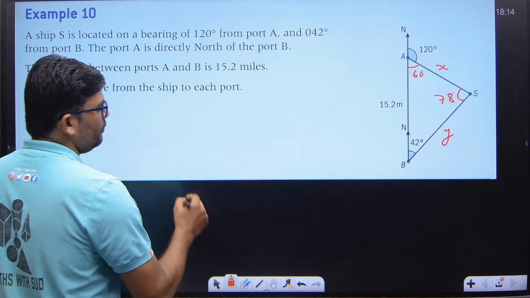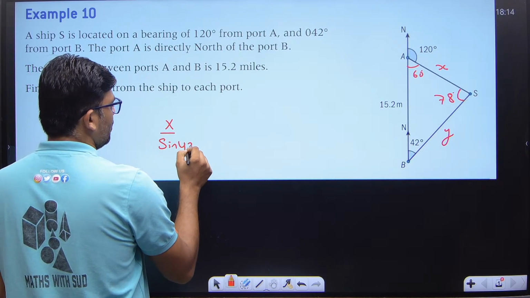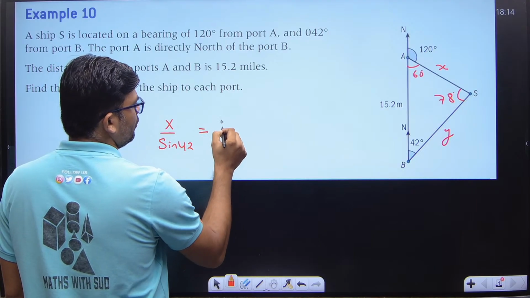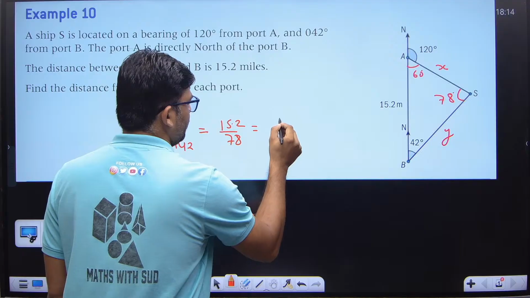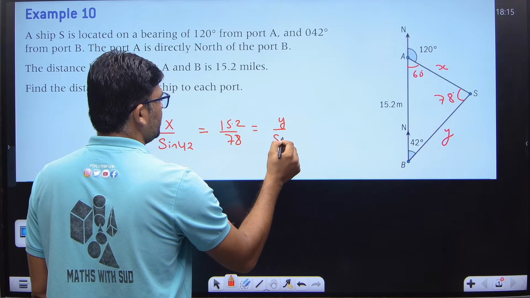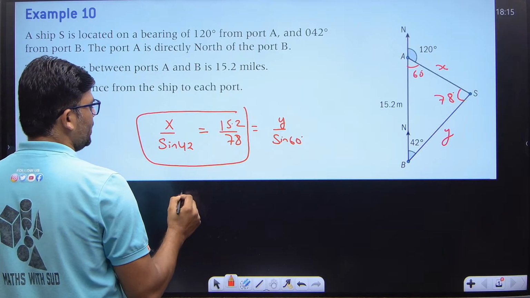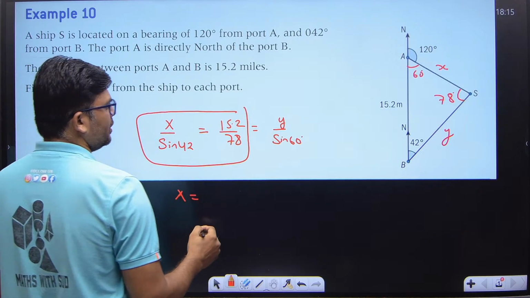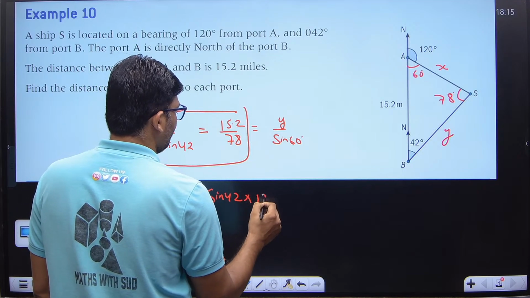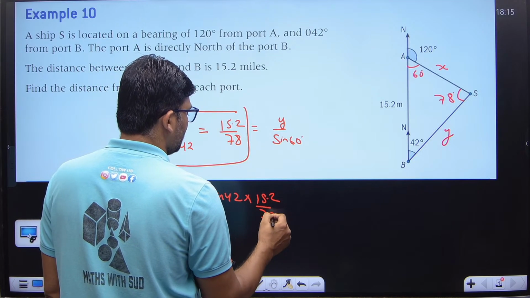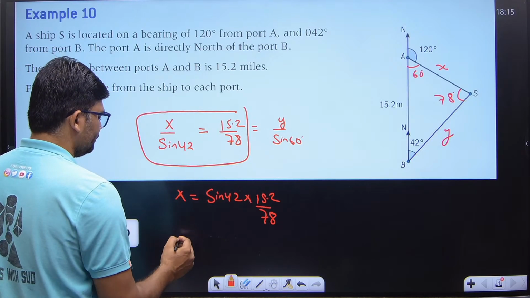So you will write x upon sine 42 is equal to 15.2 upon sine 78 is equal to y upon sine 60 degrees. First you can solve x by this method: sine 42 into 15.2 divided by 78. Now I want you to use the calculator. Tell me what is x.